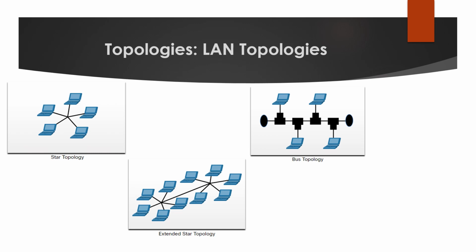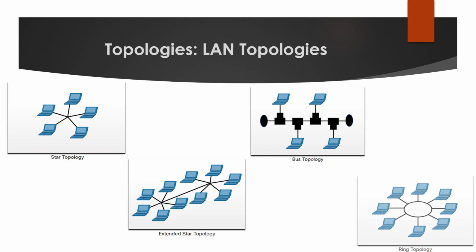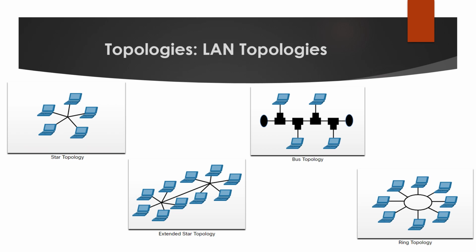The legacy Ethernet networks were often bus topologies using coax cable because it was inexpensive and easy to set up. We also have the ring topology, where end systems are connected to their respective neighbor, forming a ring. The ring does not need to be terminated, unlike in the bus topology. Legacy Fiber Distributed Data Interface and token ring networks used ring topologies.